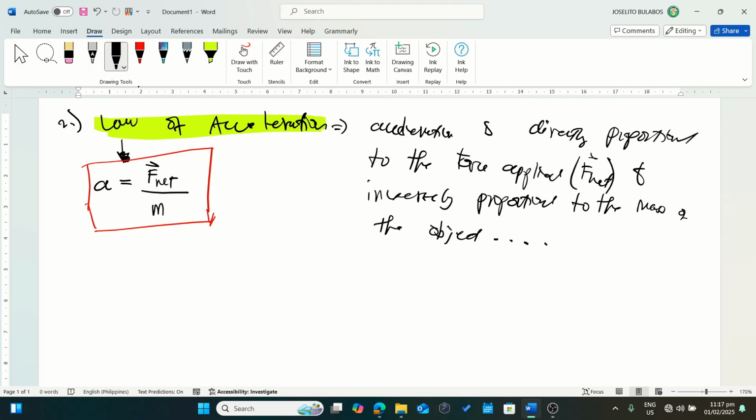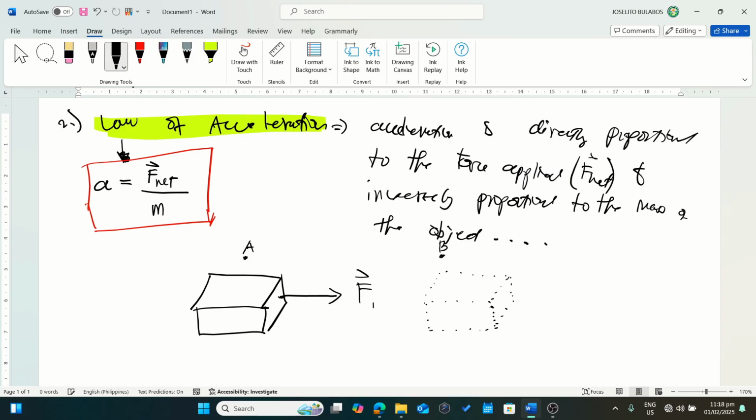So let's say we have a box. If we have a force F1 that is pulling the box along this direction, and the box moves from point A to point B, so the box is now here.